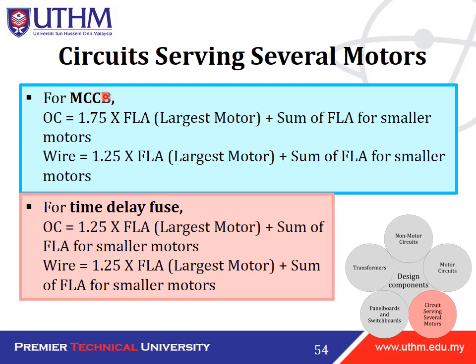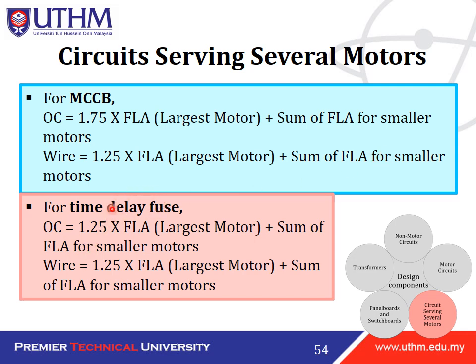Okay. We also have a circuit serving several motors. For MCCB overcurrent, the equation is 1.75 times full load ampere for the largest motor plus the sum of FLA for smaller motors.